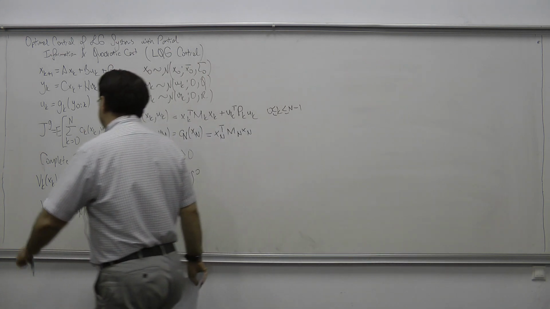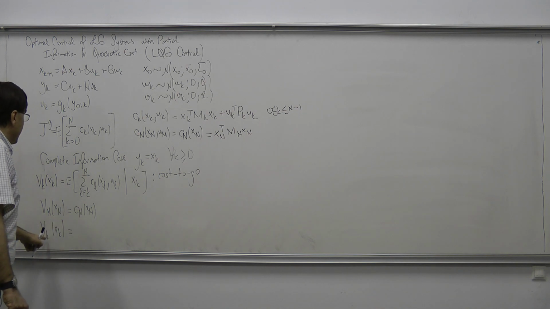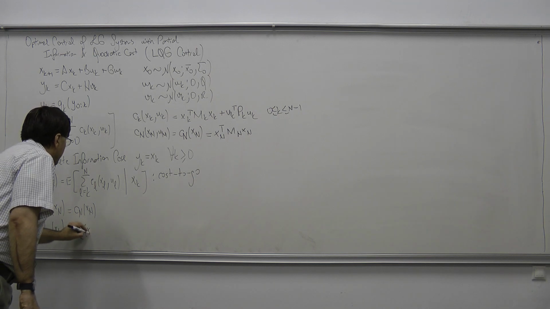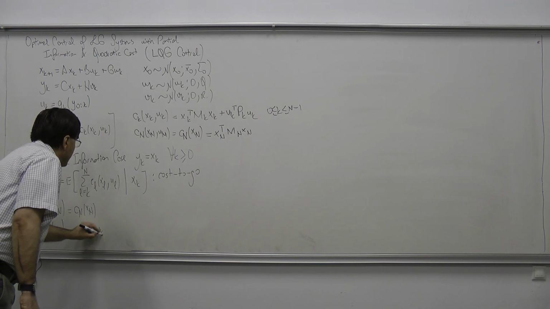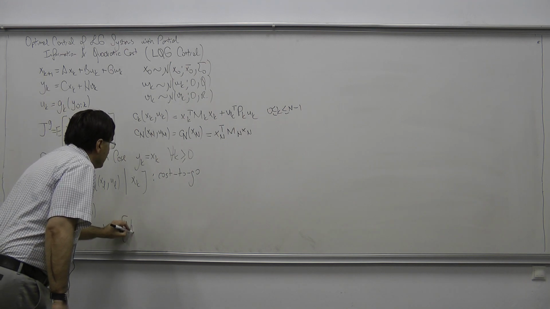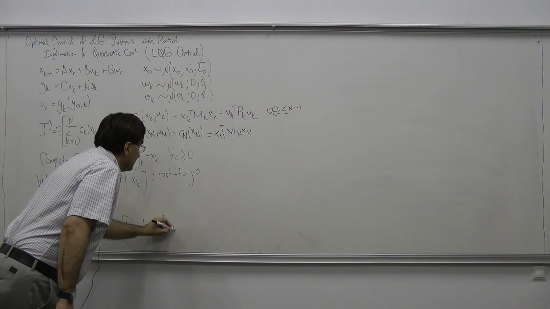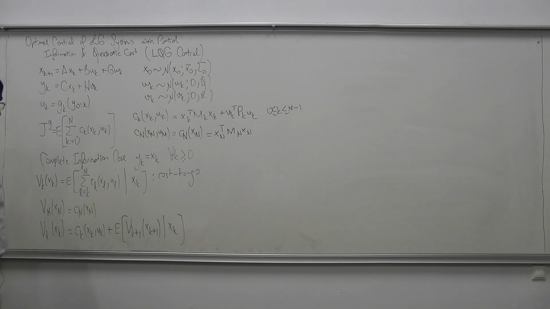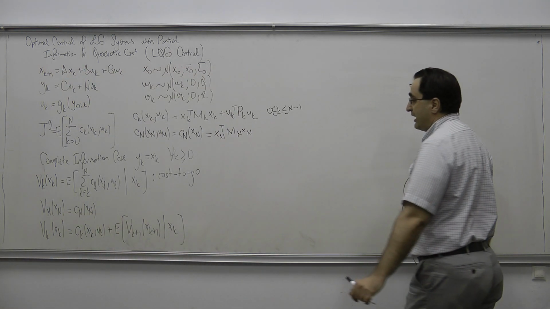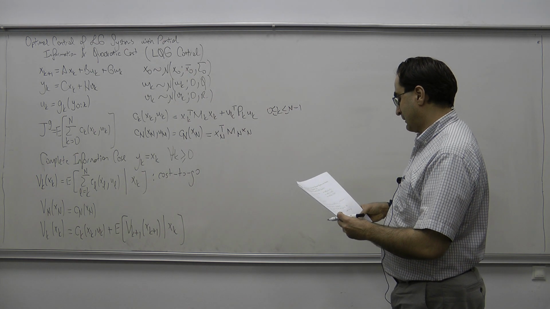So we calculated Vk of xk from Vk plus 1 of xk plus 1, where I had Ck of xk, uk, plus the expected value of Vk plus 1 of xk plus 1 given xk. This was the backwards recursion that we obtained for these cost to go functions.